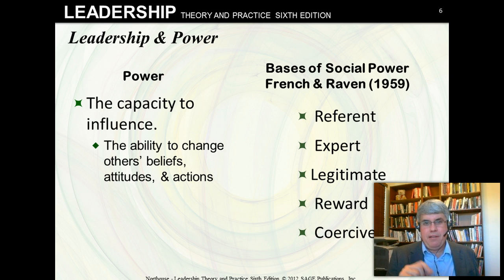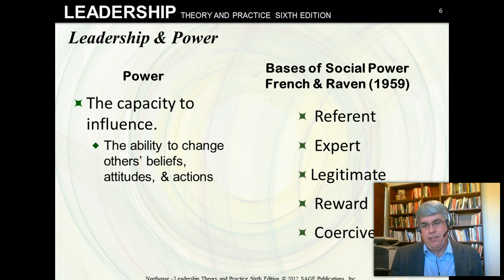We've all heard the saying, power corrupts, but perhaps only certain types of power corrupt. Other types of power can be really good, and perhaps only in certain circumstances does power corrupt. A good framework for understanding power is what are known as the Bases of Social Power by French and Raven, an old paper written in 1959 that still does a pretty good job of explaining the different types of power that people have.